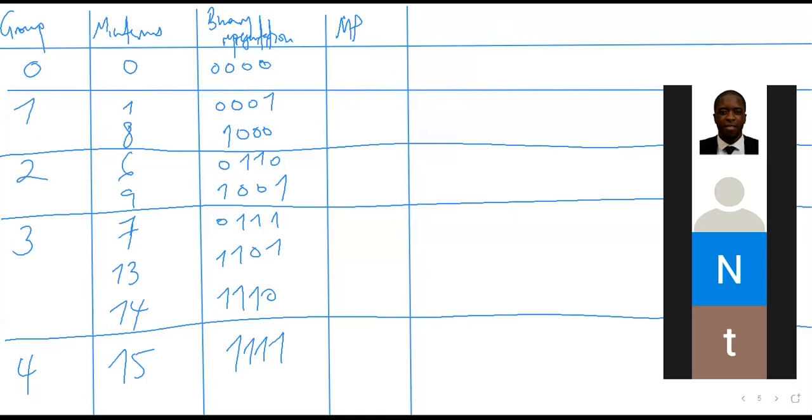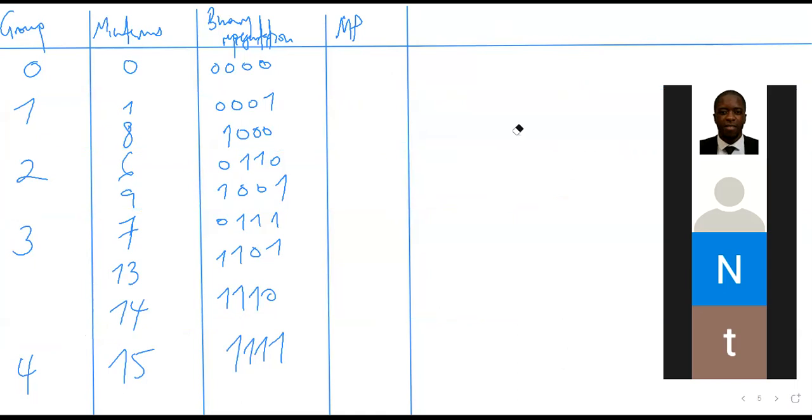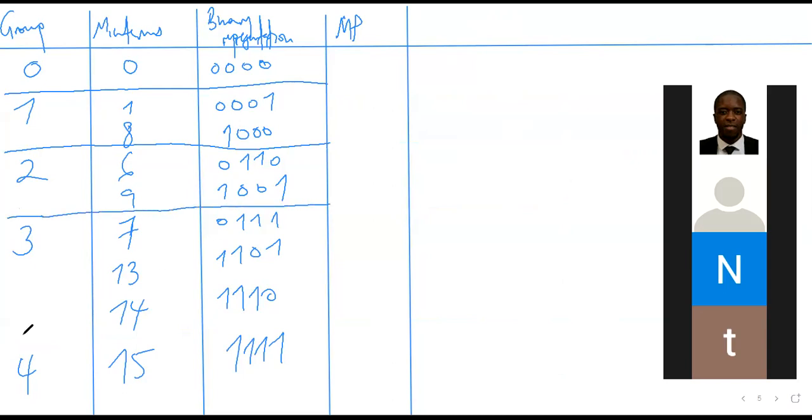So for our first meshed pair between group 0 and group 1, we have minterm 0 and minterm 1.